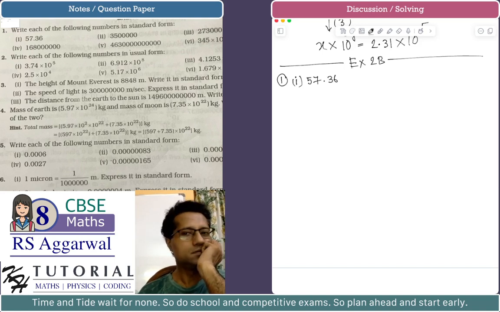Now in my notes, the steps I have discussed for expressing a large number, there was no decimal point. I assume that there was no decimal point.